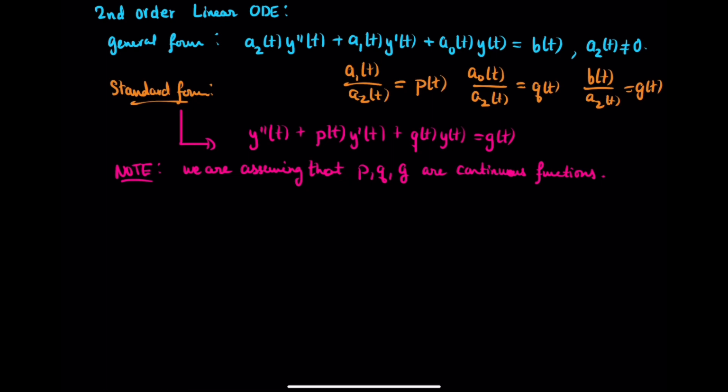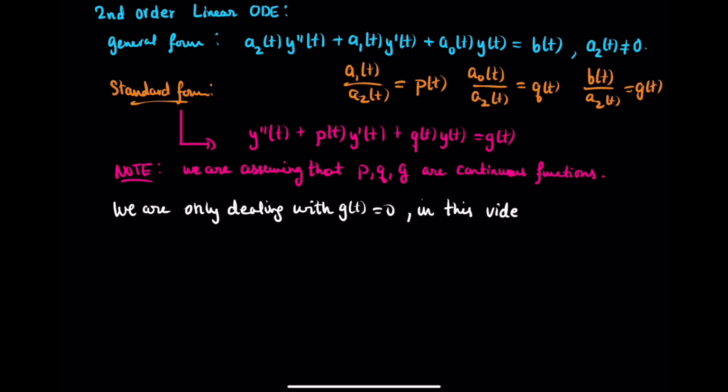All right. Now, in this video we are only going to be dealing with the homogeneous case. So we are only dealing with when g(t) equals 0. This is important.